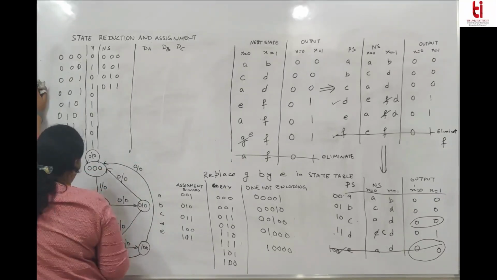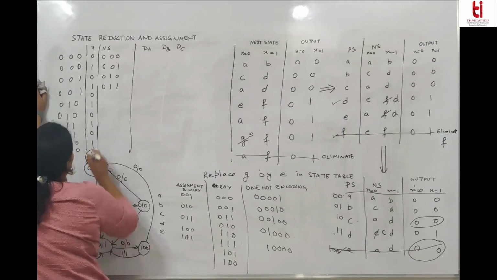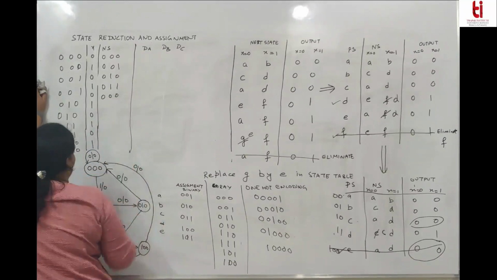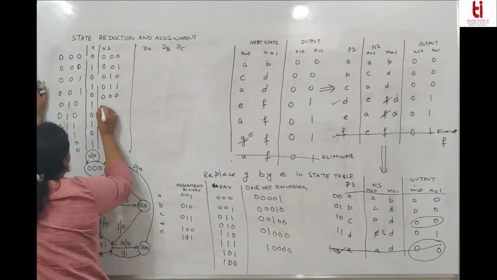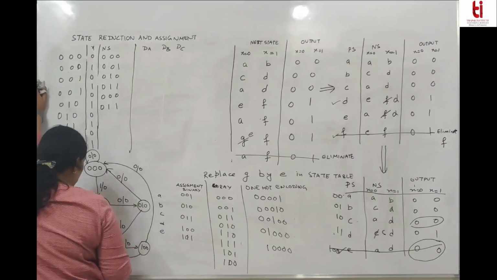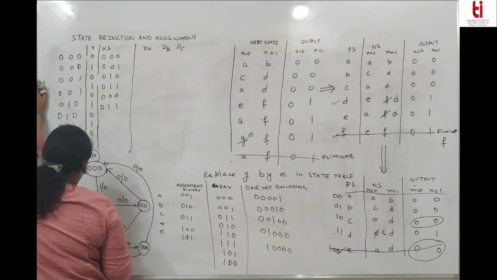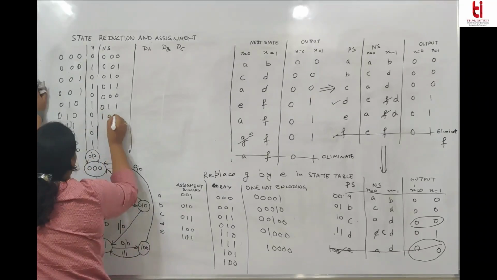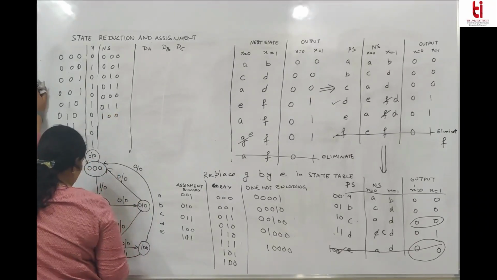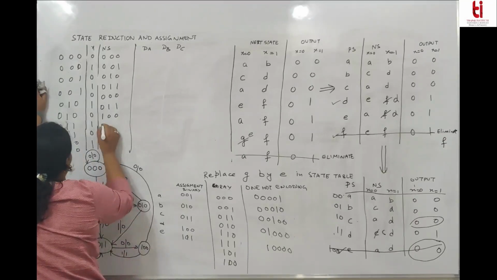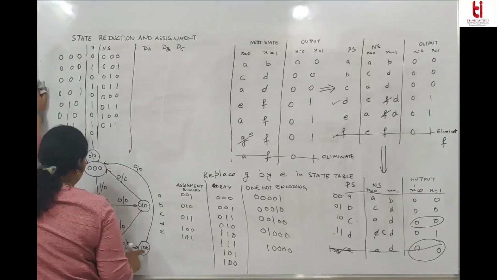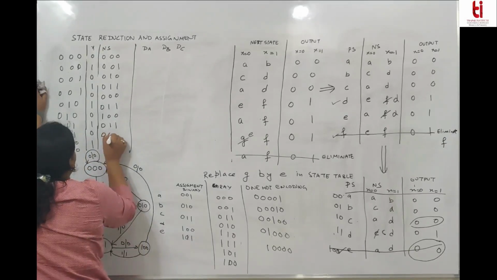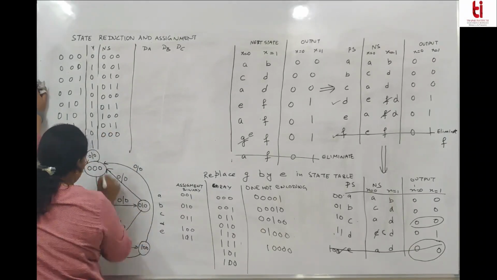For 0, 1, 0, for x equal to 0, it goes to this state. For x equal to 1, it goes to this state. From 0, 1, 1, for x equal to 0, it goes to this state. For x equal to 1, it goes to this state. From 1, 0, 0, for x equal to 0, it goes to this state. For x equal to 1, it goes to this state.